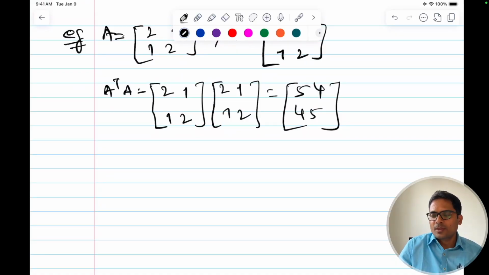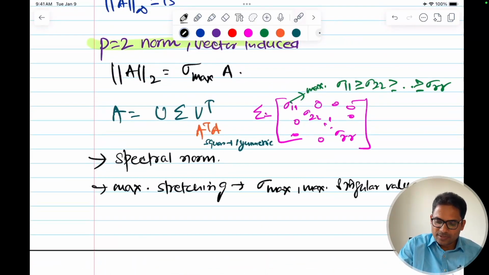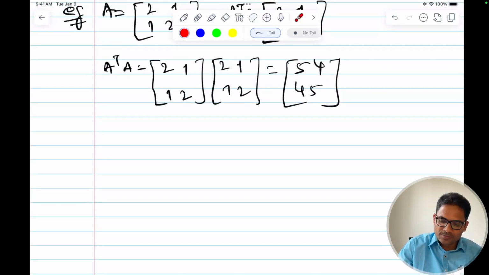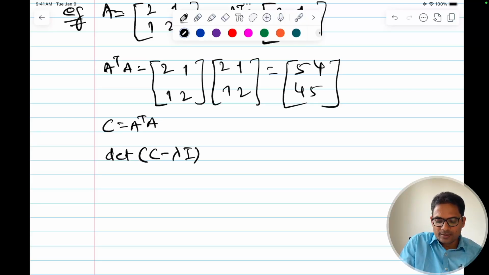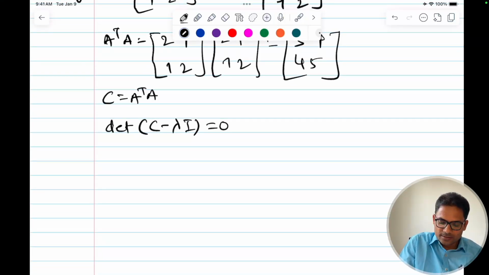And the singular values are the square roots of the eigenvalues of A transpose A. So how do we calculate the eigenvalues of this? Say C is equal to A transpose A. Then the determinant of C minus lambda I is equal to 0, meaning the matrix with 5 minus lambda, 4, 4, 5 minus lambda.